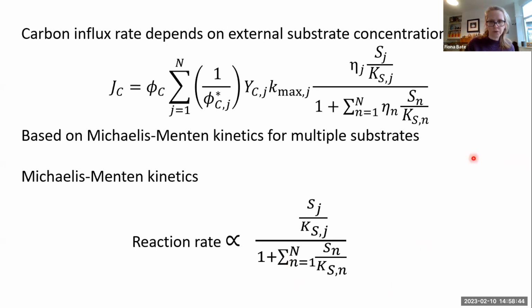So in our model, the C sector as a whole is used to catalyze all the reactions. So it's basically being shared between all the substrates. So that's why we've got this sum in the bottom here. We've based it on the multiple substrate kinetics.